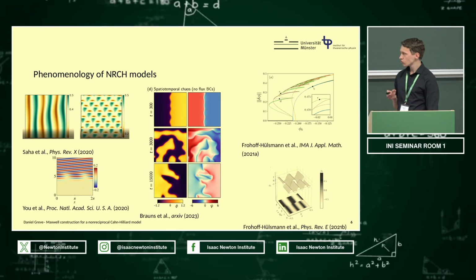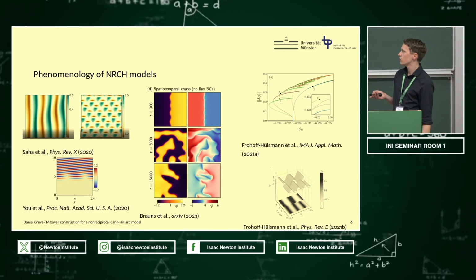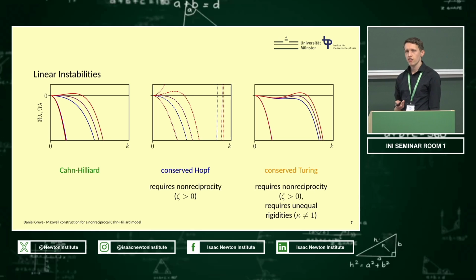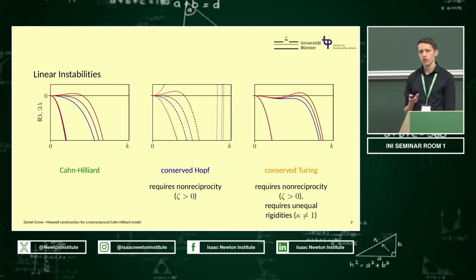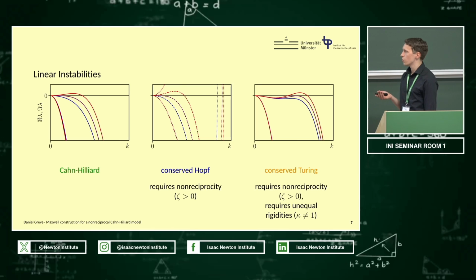Okay, so now we want to bring a bit more structure into all these phenomena. So we want to explore the parameter space, and to do that we use the standard tool of nonlinear dynamics, linear stability analysis. And therefore we have three different instabilities in this non-reciprocal Cahn-Hilliard model, depending on where we are in the parameter space. The one is well known, the Cahn-Hilliard instability, so one large-scale instability with real eigenvalue.